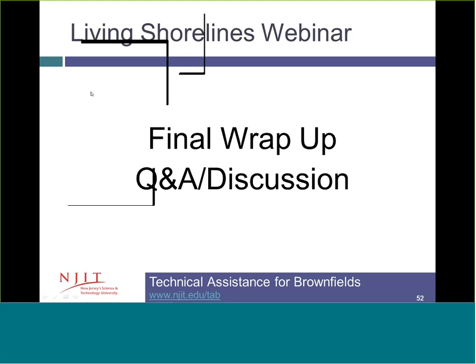A full living shoreline project will address not only the near shore habitat and the adjacent uplands, but submerged vegetation as well. As I mentioned earlier in the talk, site specifics have to be taken into account. The shoreline orientation has to be taken into account.